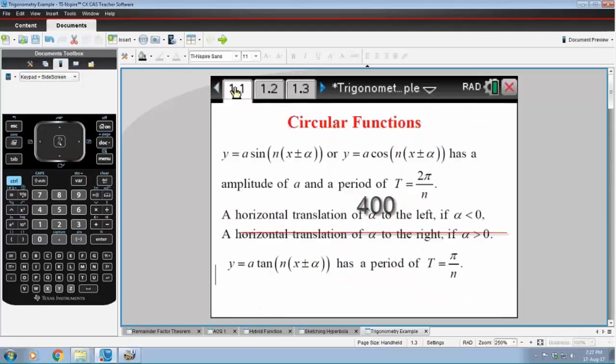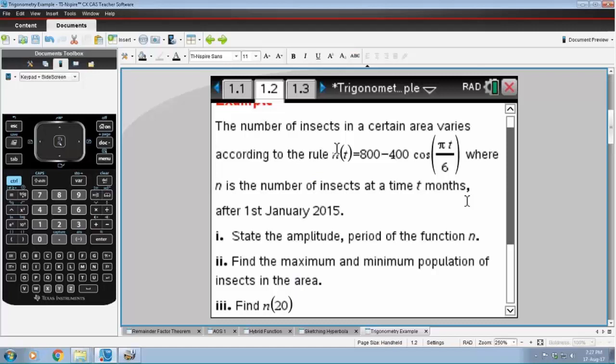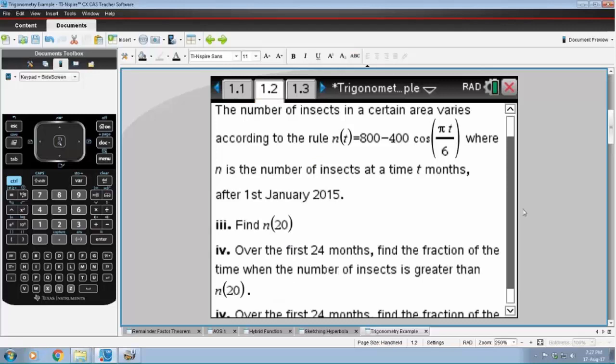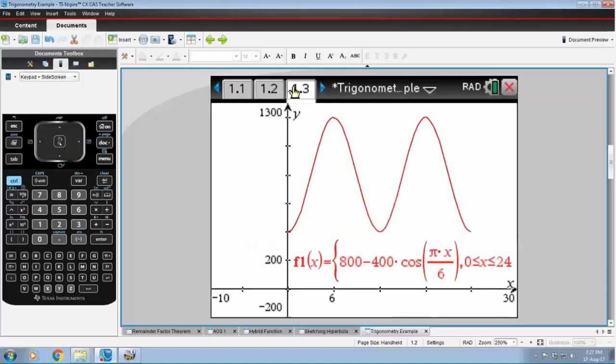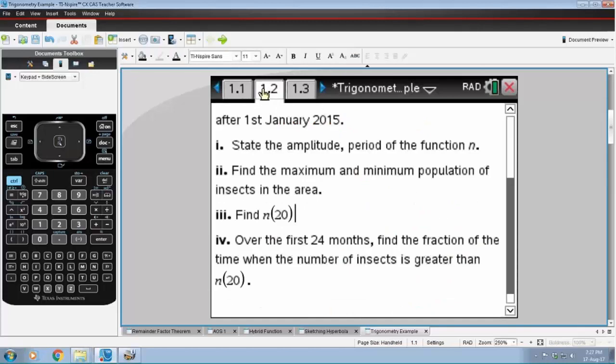Let's look at how we can actually do the last part of this question. Over the first 24 months, find the fraction of the time when the number of insects is greater than N of 20. Well, what's N of 20? We haven't found that in part 3. We can do that on the calculator page as well.